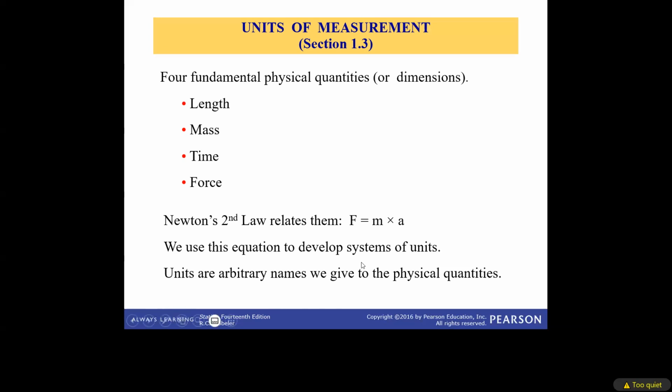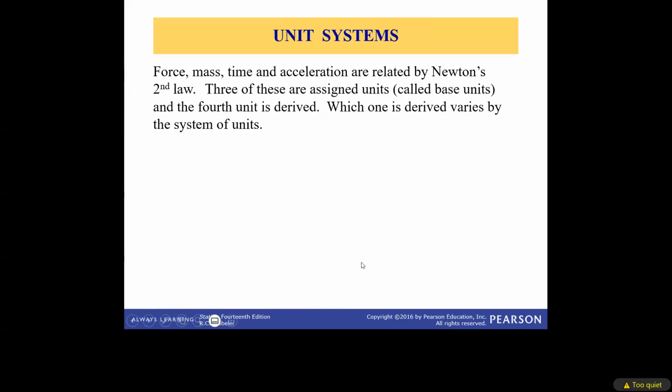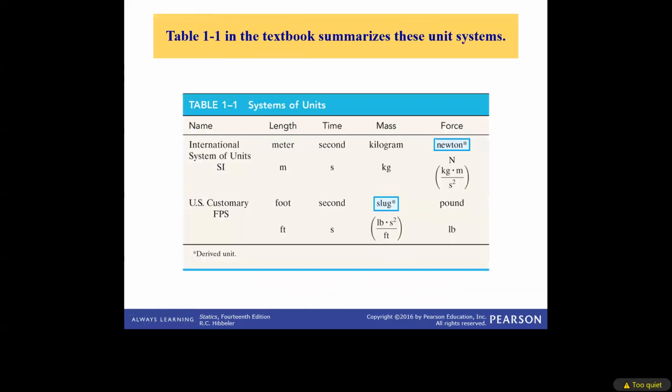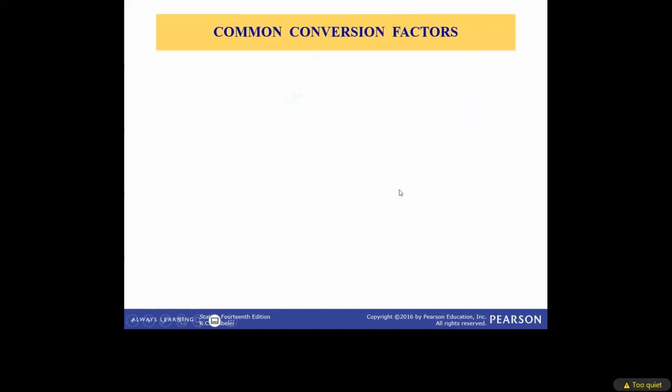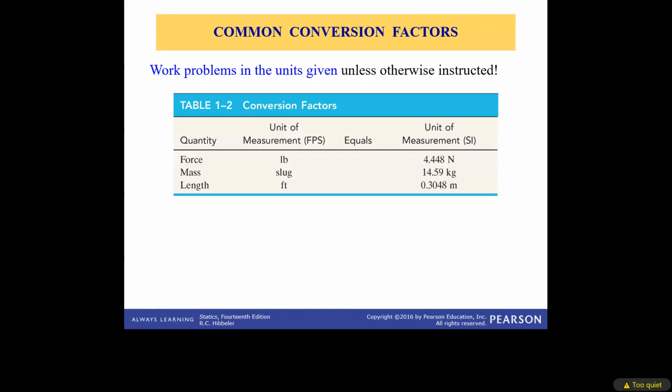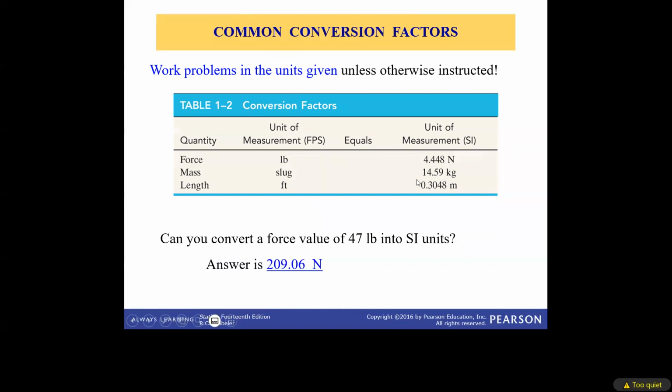Anyways, moving right along. Unit systems, as we discussed, we went over that. In your book, we'll probably do some conversions, so you'll be converting from newtons to pounds and things of that nature. Then you have your common conversion factors. You think about, again, significant digits, so keep that in mind.